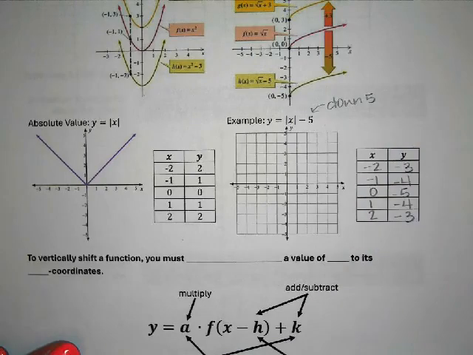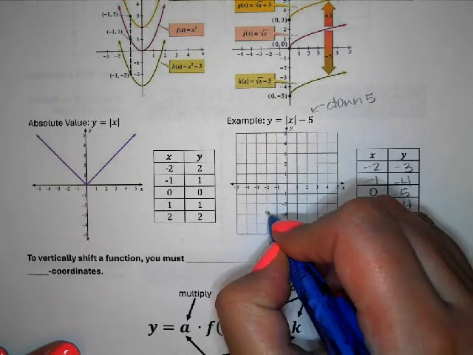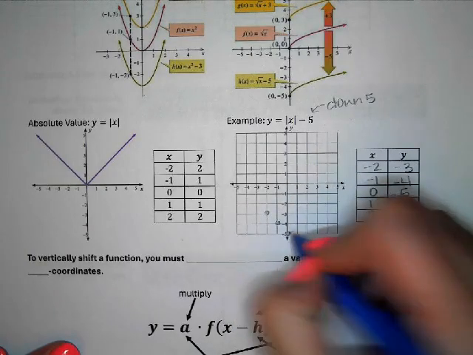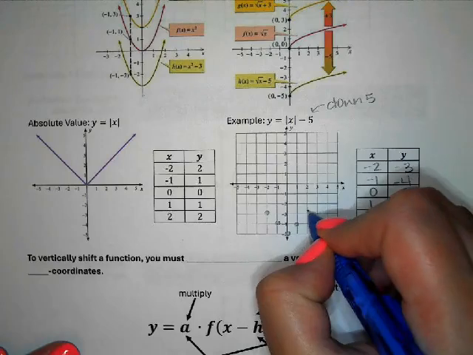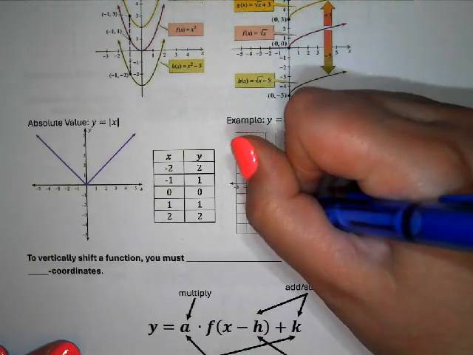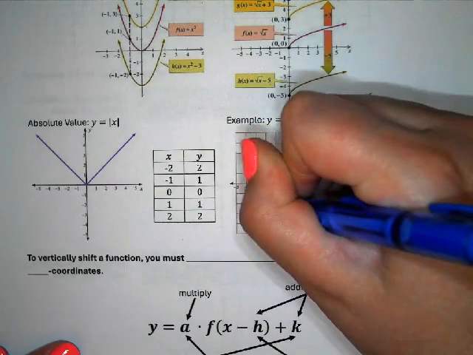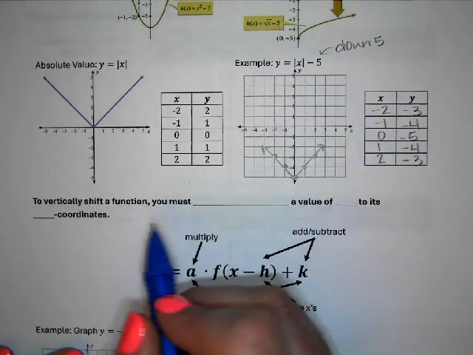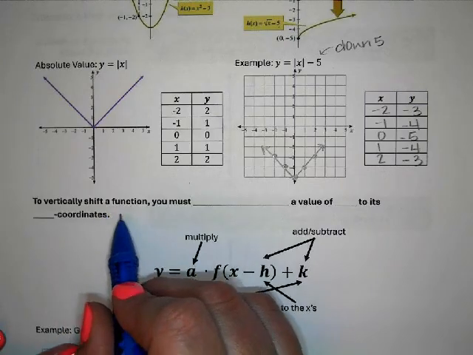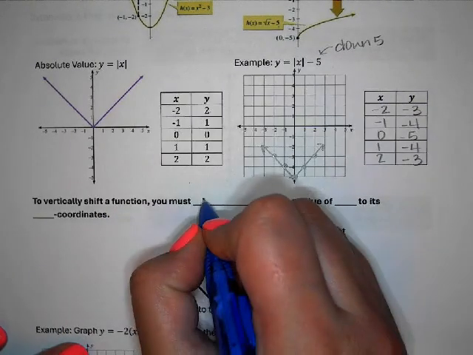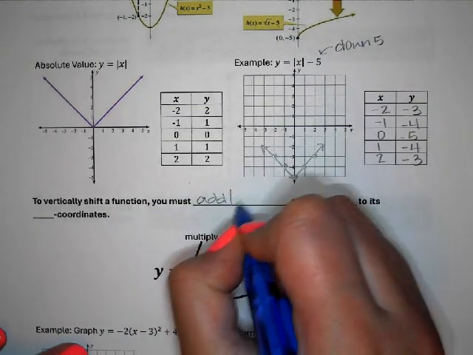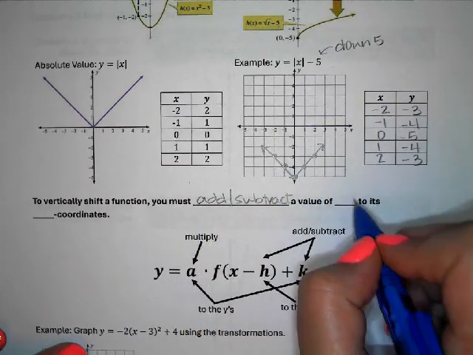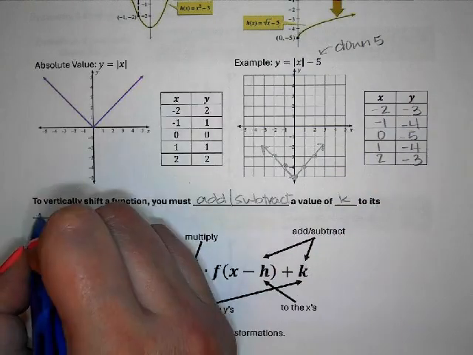And then I can go ahead and graph each one. So to vertically shift a function, you must add or subtract a value of k to its y-coordinates.